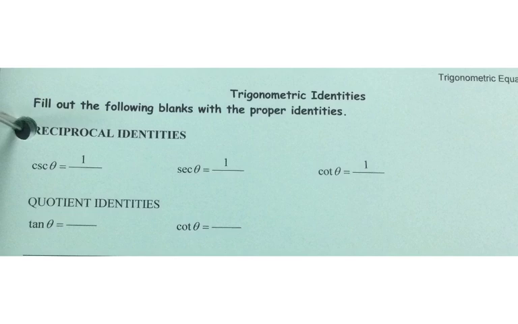You can see cosecant of theta is 1 over what? It would be 1 over sine theta. Secant of theta would be 1 over cosine theta. And cotangent of theta, 1 over, that seems simple enough.